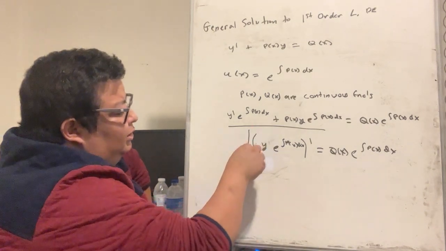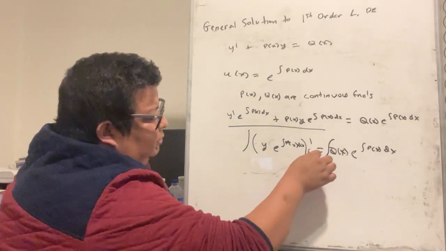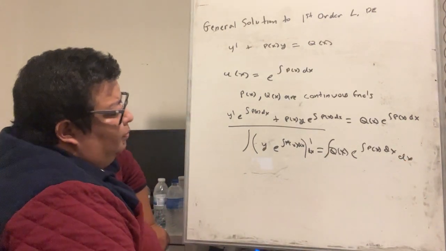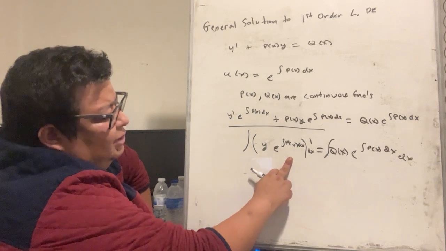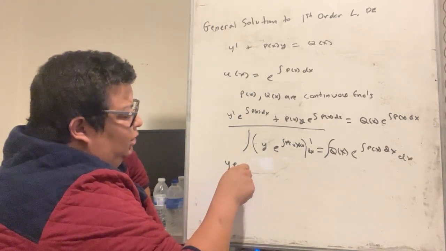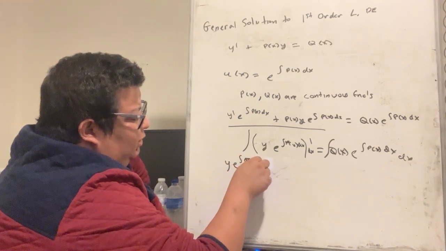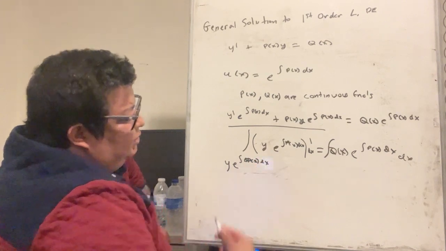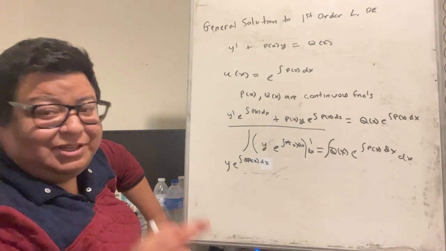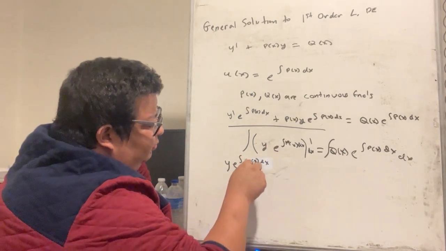Then we integrate the left side and the right side with respect to x. So notice, the left side we get y e to the integral of p(x) dx, because taking the integral of a derivative it just cancels. So you're just left with whatever is inside.